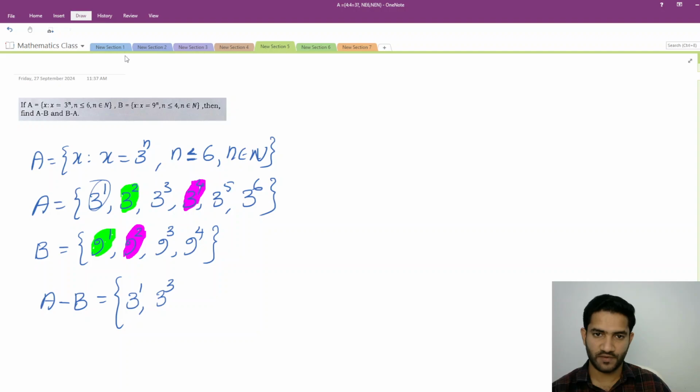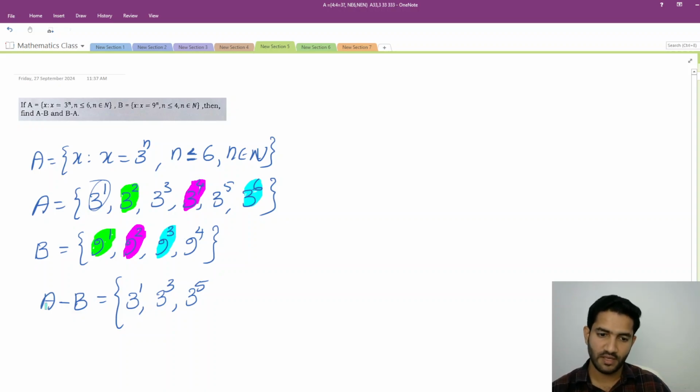What is 3 raised to 5? 3 raised to 5 is not 9 cube, is not 9 raised to 4. So we can include 3 raised to 5. 3 raised to 6 is 9 cube, so it is not possible to write in A minus B.